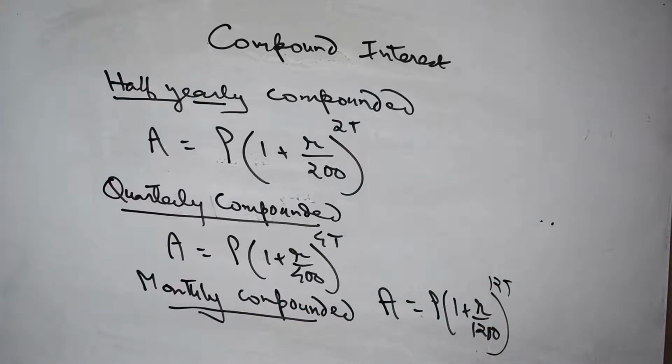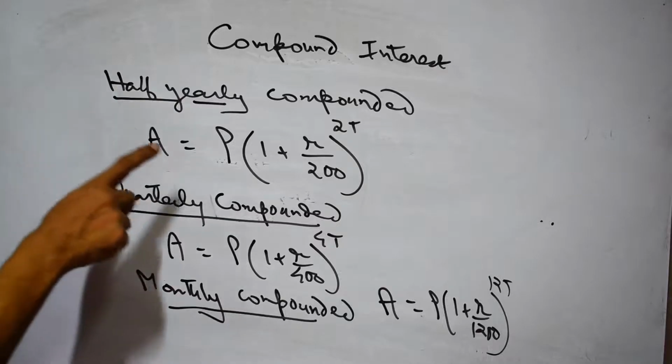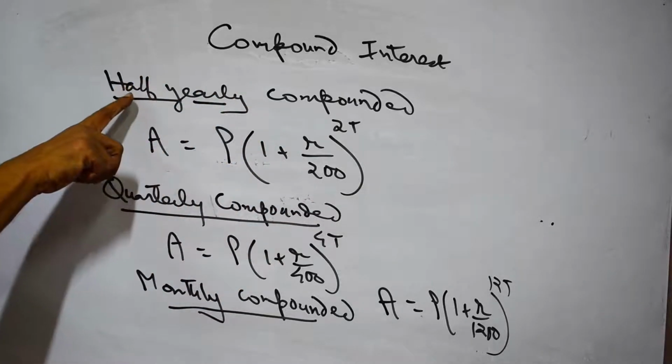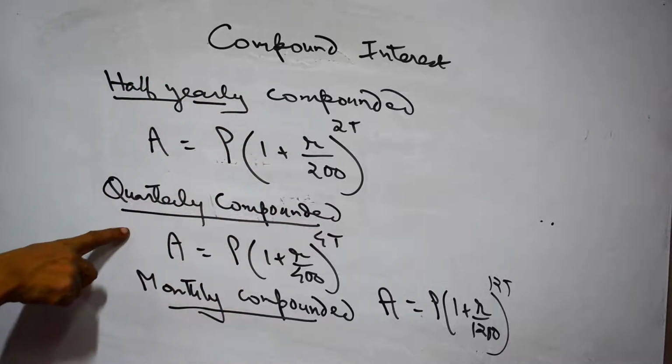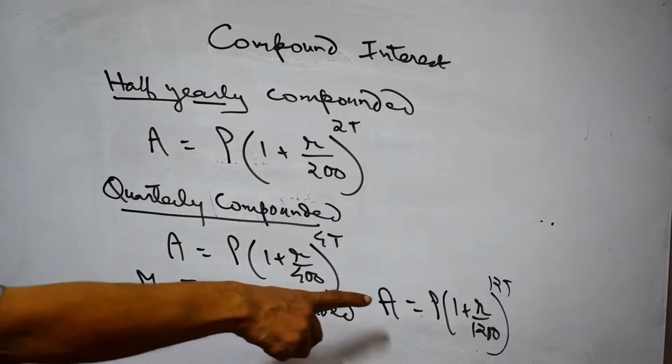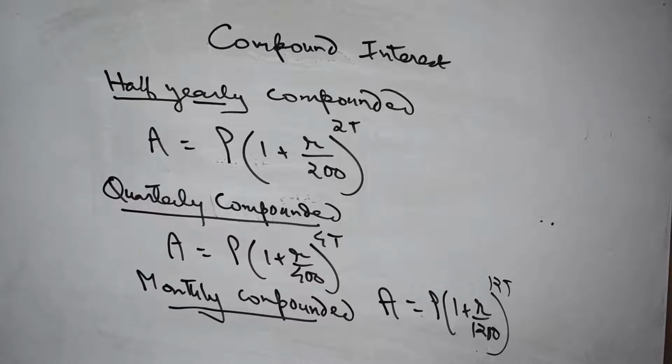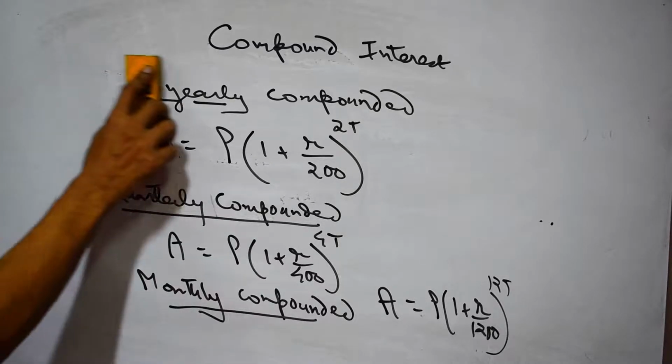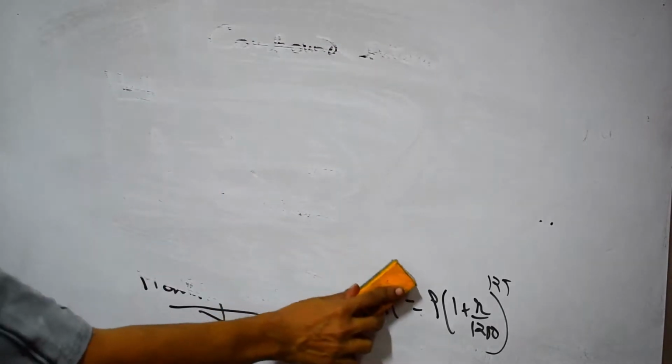So what matters in this discussion is how many times the interest is paid. 2 times means 6 months, half yearly or semi-annually. Quarterly means 3 months, 4 times interest paid per year, and 12 times, that is monthly interest, then it will be 12t in the power and r by 1200.